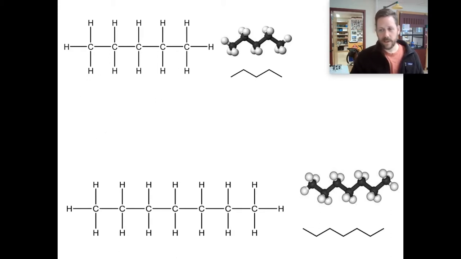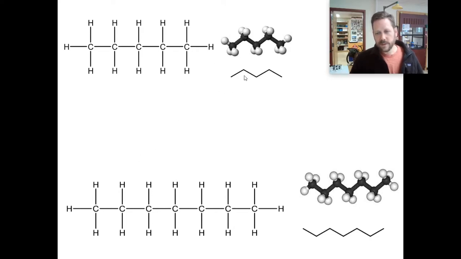Because this is an alkane, only single bonds, with 5 carbons, it is named pentane. Because this is an alkane with 7 carbons, we'd call that heptane. And there are all sorts of variations we can consider, and even things called structural isomers we'll look at later, but it's helpful to at least be familiar with how these prefixes are used.